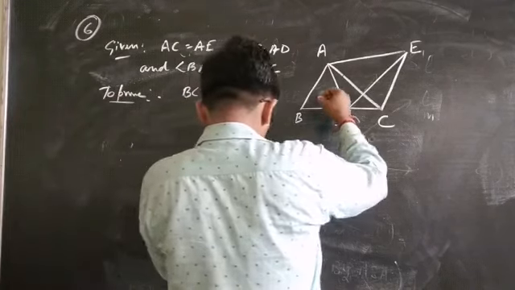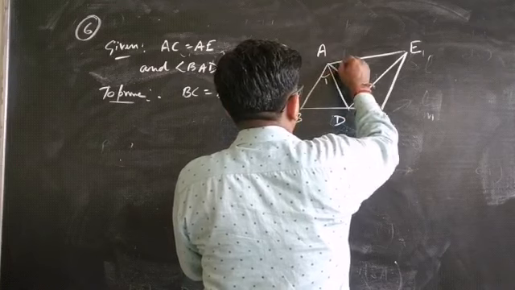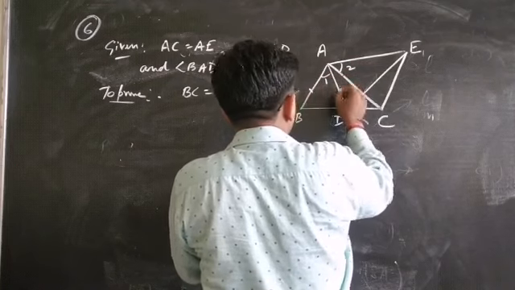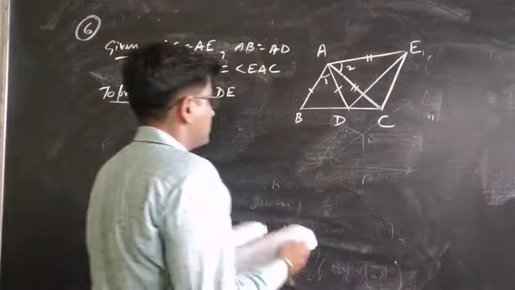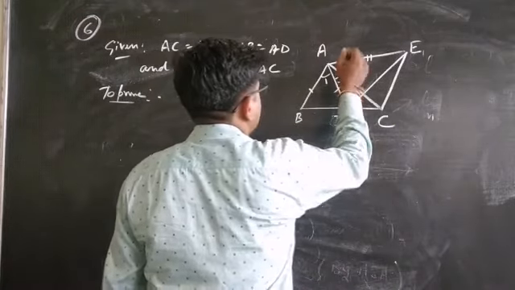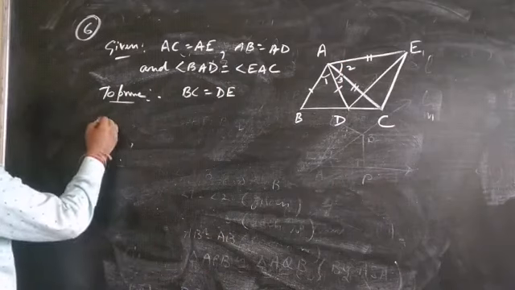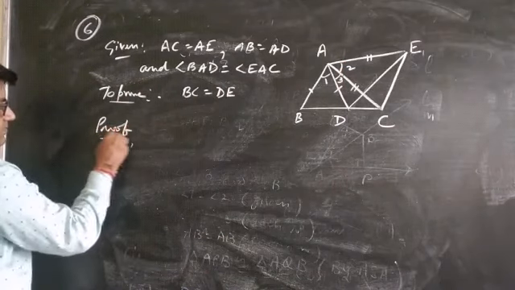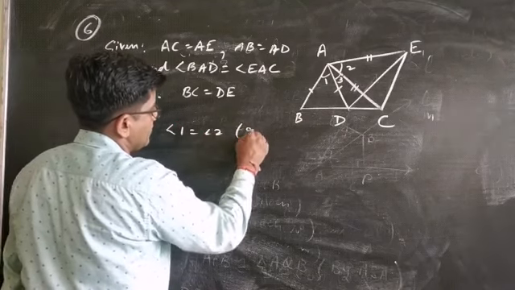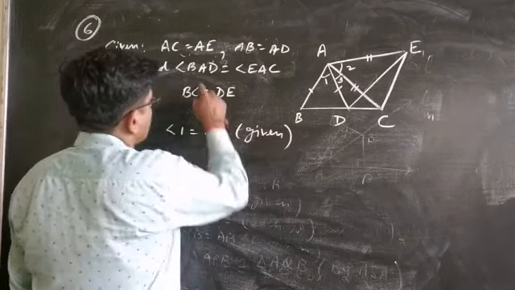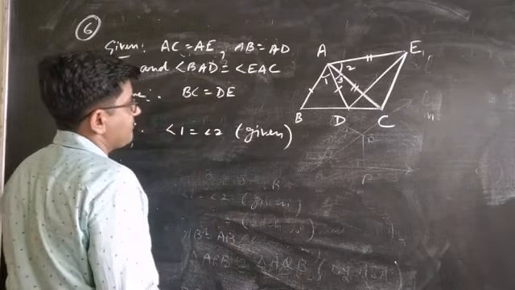So first of all, let it be angle 1 equal to angle 2; this side is equal to this one and this side is equal to this one. It is given to us. And let it be angle 3. So for the proof of the question, we'll write here angle 1 equal to 2, that is given to us because BAD is equal to EAC.